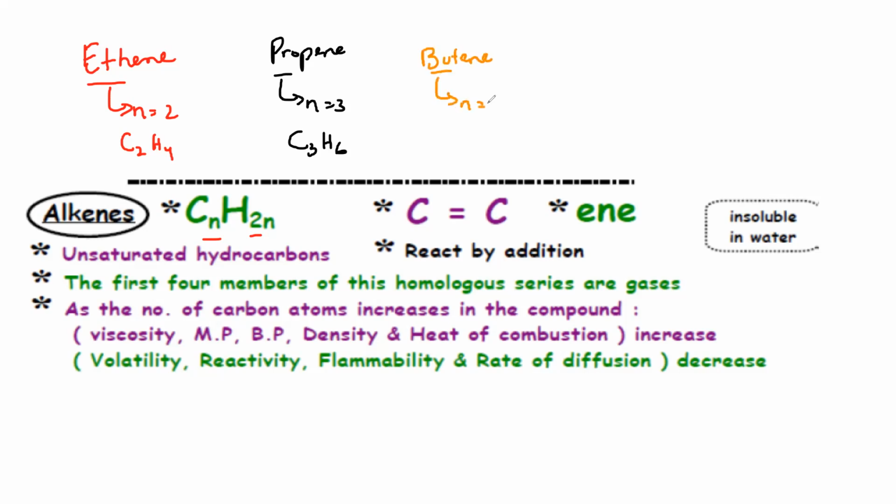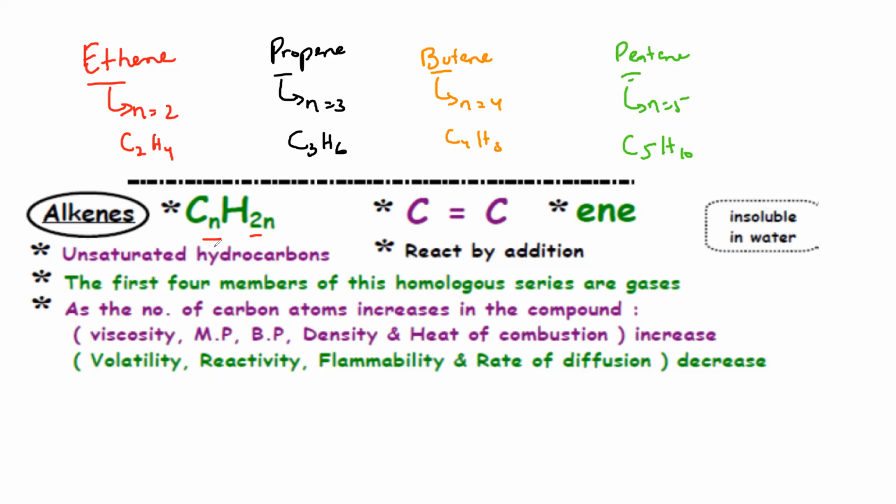But means n is equal to 4, so C4H8. Then pentene. Pent means n is equal to 5, so C5H10. So the number of hydrogens is twice the number of carbons. So ethene, propene, butene, pentene and so on.